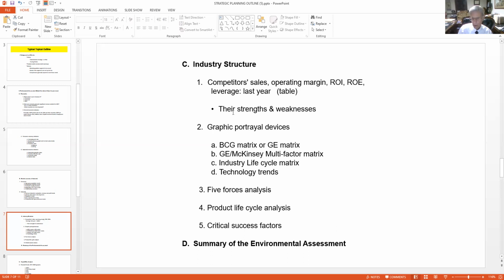What are the capabilities that firms have to have in order to compete successfully? There rarely are many of those factors.